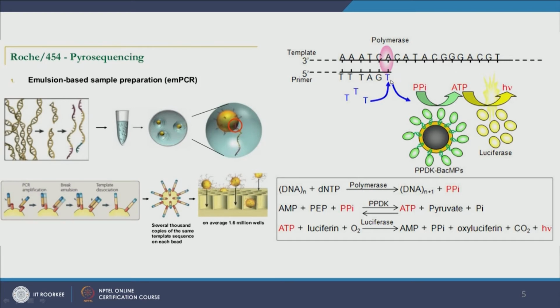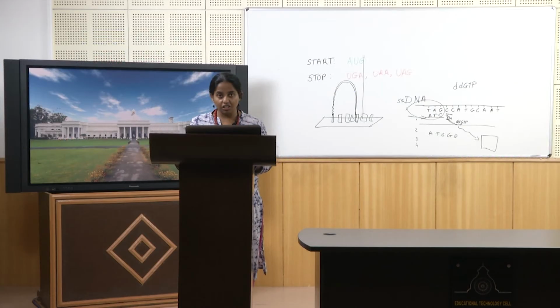When T attaches, it releases a pyrophosphate. This pyrophosphate is consumed by AMP to make ATP, and when ATP is formed, it is consumed by luciferase, which is an enzyme. When this enzyme comes in touch with ATP, it consumes ATP and releases light, and this light is seen. So let us say in this well I add G, but I do not see any light. So I know that no pyrophosphate was released, hence G was not accepted.